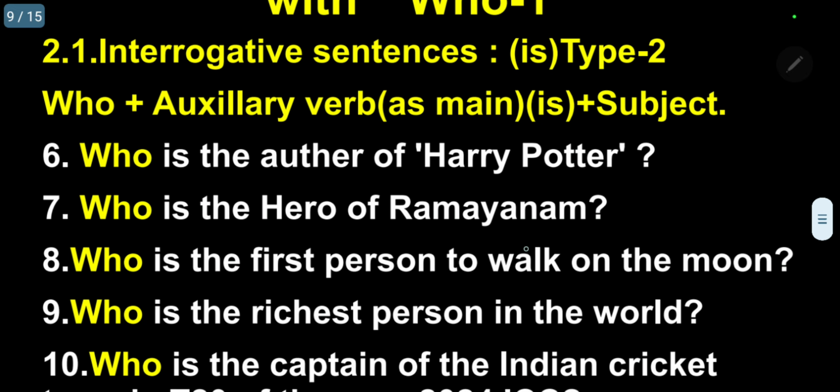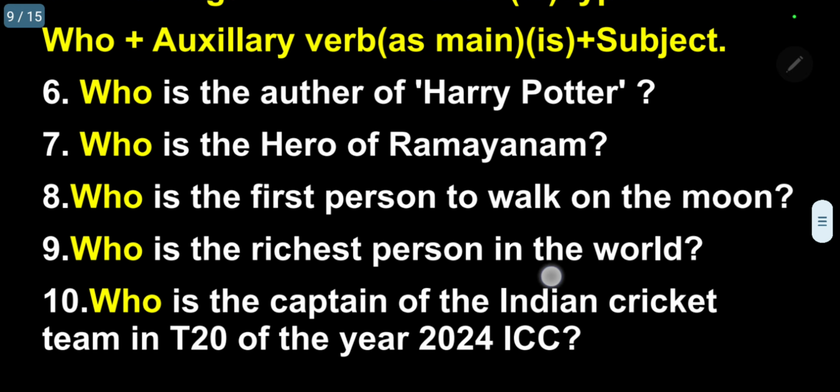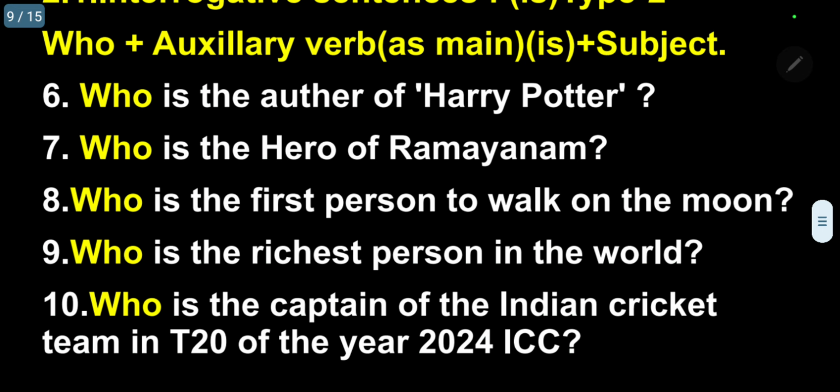Now let me go for some more examples. Kindly follow. Who is the author of Harry Potter? Tamil meaning is not necessary, very simple. So kindly follow, my dear students. Who is the hero of Ramayanam?